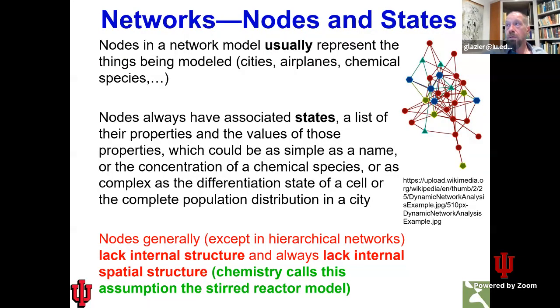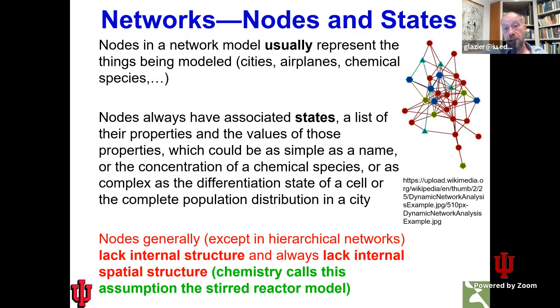Okay. So the nodes in a network are usually things. They're the things being modeled: cities, airplanes, chemical species, people being infected by virus. Nodes always have states. They have properties associated with them. Those properties could just be, say, the name of the city or the number of airplanes sitting on the runway of that city.